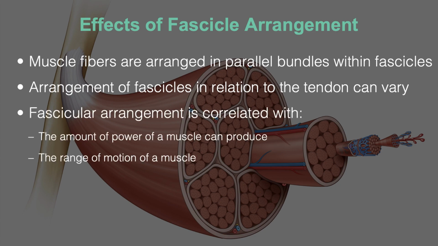And depending on whether these bundles are all lined up together or not, will allow the muscle to function differently. If they're all lined up together, they're all working in the same direction, they're all contributing force towards movement. And so generally, you can produce a lot of power in those linear muscles where all the fascicles are arranged together. When all the fascicles are arranged in line with each other too, the point-to-point distance can shorten a lot more.